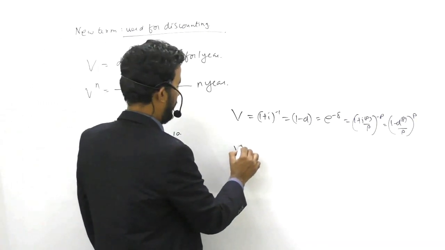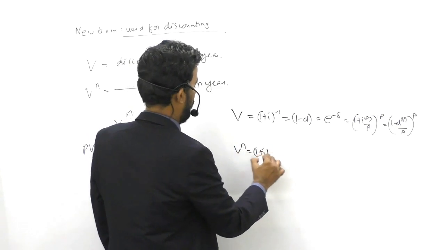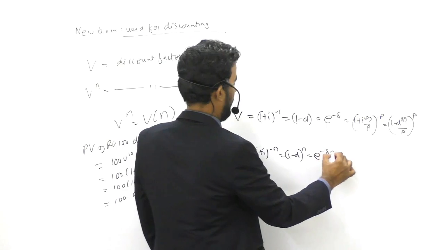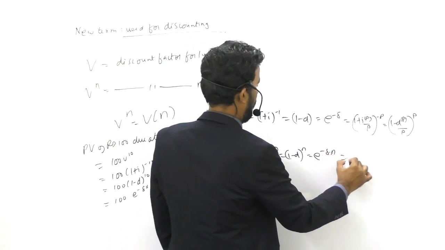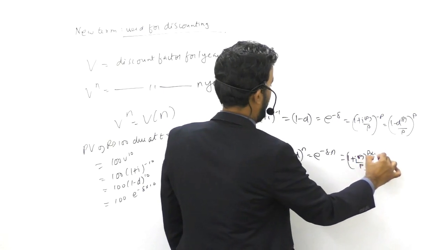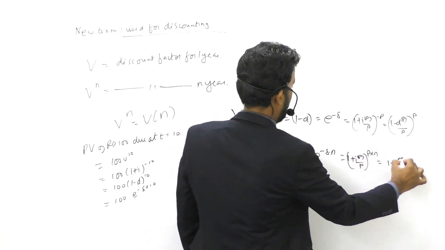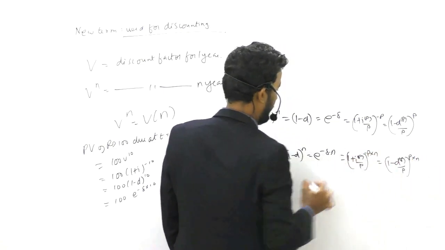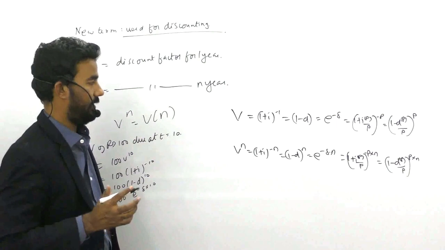When it is V raised to n, it becomes 1 plus i raised to minus n, or 1 minus d whole thing raised to n, or e raised to minus delta n, or 1 plus i(p) by p whole thing raised to minus p into n, or 1 minus d(p) by p whole thing raised to p into n. Here it is negative. So V is a discount factor for n.